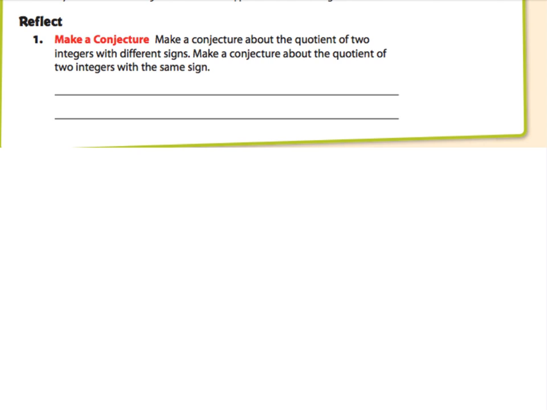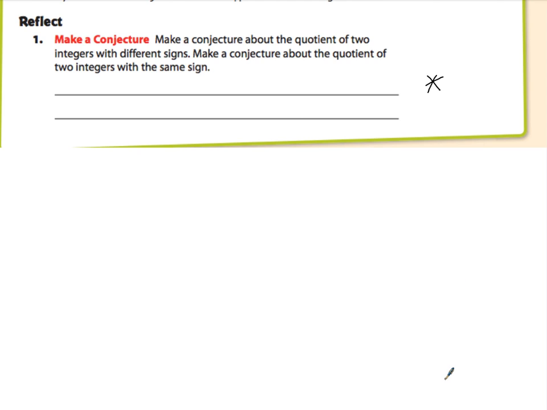All right, so let's make a conjecture. And conjectures, that's what I'm looking for, kind of like a hypothesis, so a guess about the quotient of two integers with different signs. So make a conjecture about the quotient of two integers with the same sign. So I want you to make your guess, and when you're doing your self-assessment, there's going to be 2 spots on there for you to answer this.